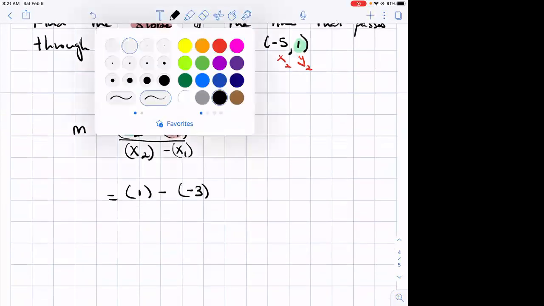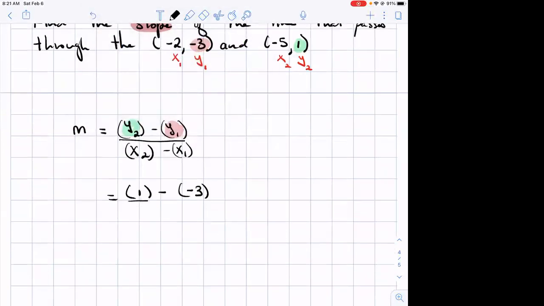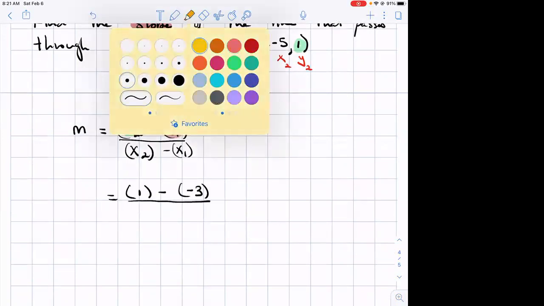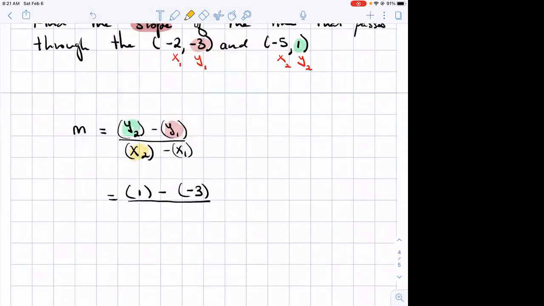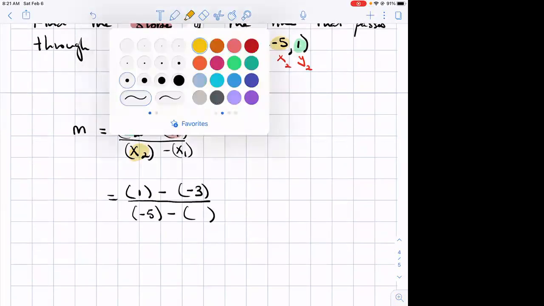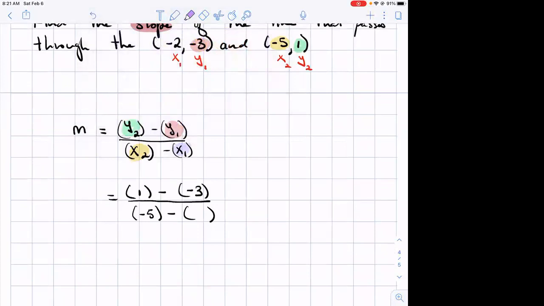Divided by x2, I will choose -5. So I will write -5 in the parentheses. And then x1, I will write -2. And that's it.